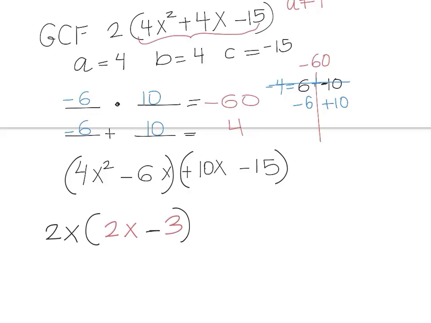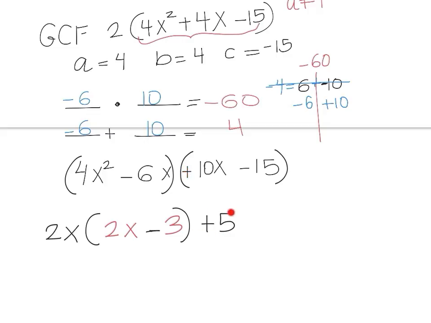Now let's move on to the next two terms, to the next binomial. 10x minus 15. 10 is divisible by 5. 15 is divisible by 5. This has an x, but this does not have an x. So the only GCF in this case is a positive 5. Now, why did I write positive 5? Because the sign of the first term in this parentheses is a positive.